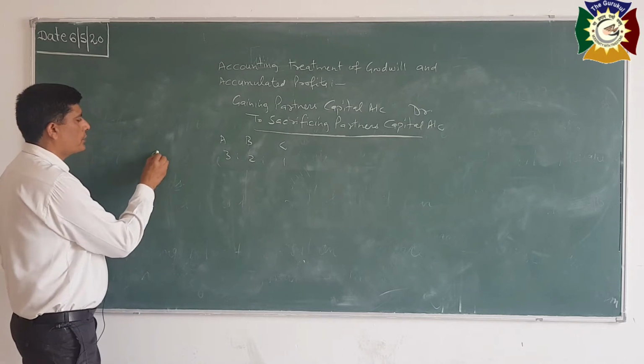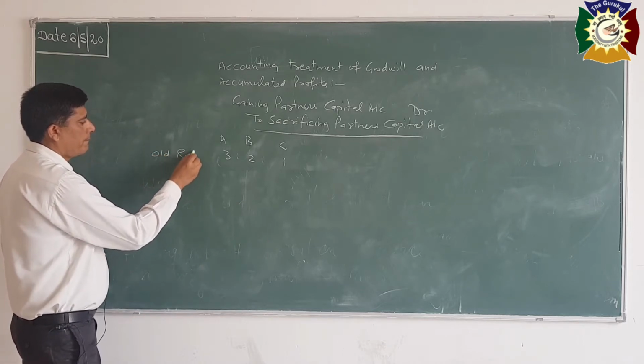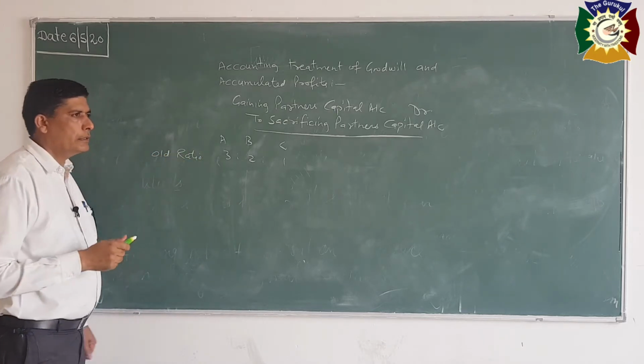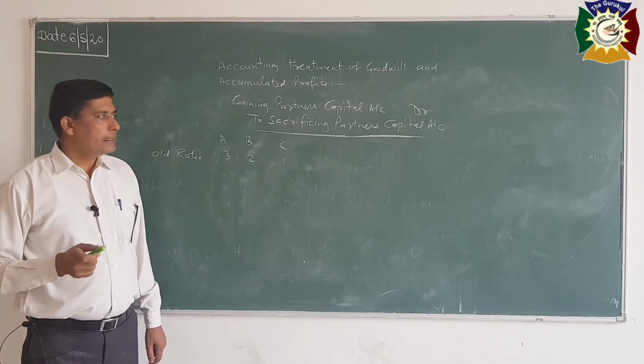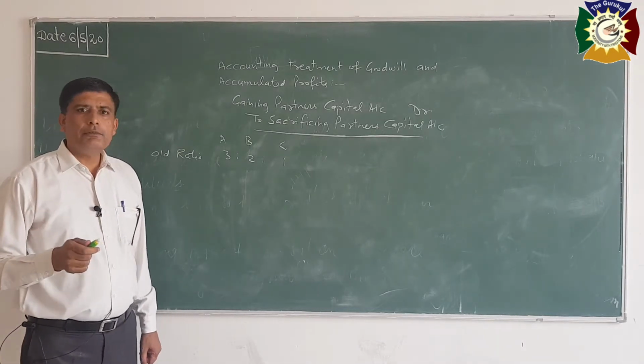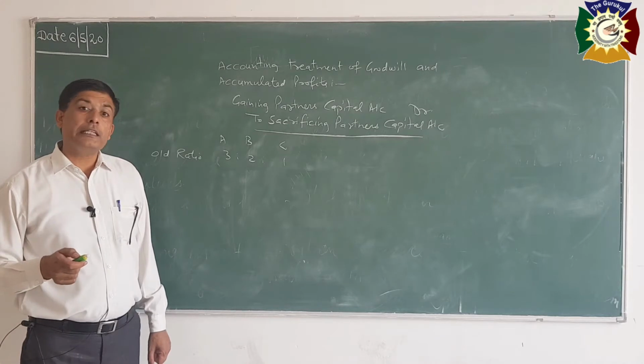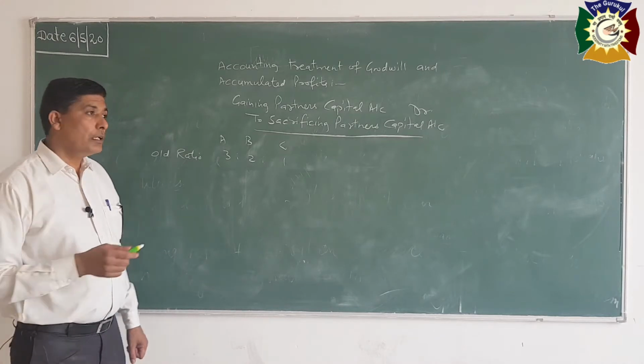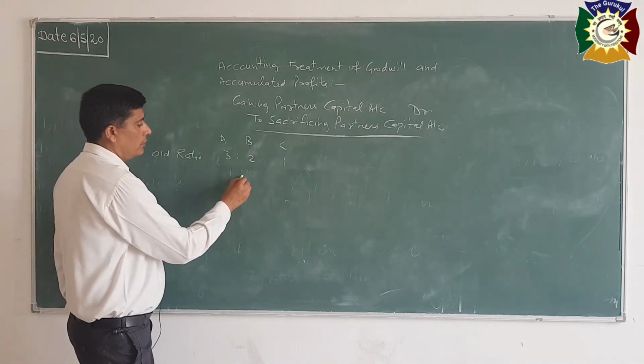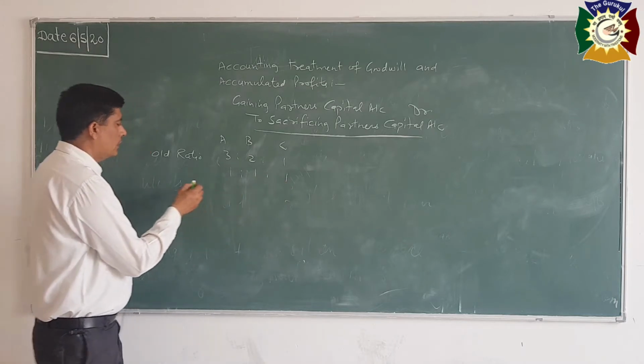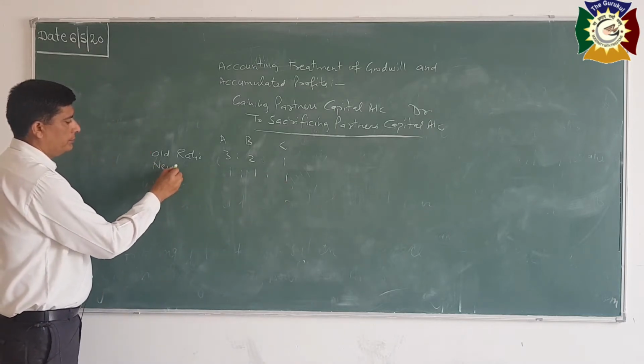So this is the old ratio. Now they changed their agreement. They decided that in future they will share profits and losses equally, means 1 1 1. This is the new ratio.